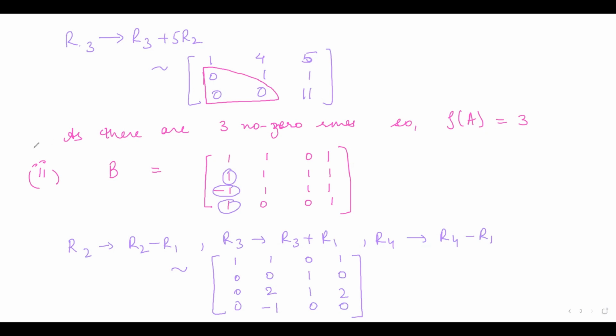Now what needs to be done? Now I will be shifting this particular 2 to the upper row, and then I would be converting them to 0. So let me write here: row 2 is interchanged with row 3.